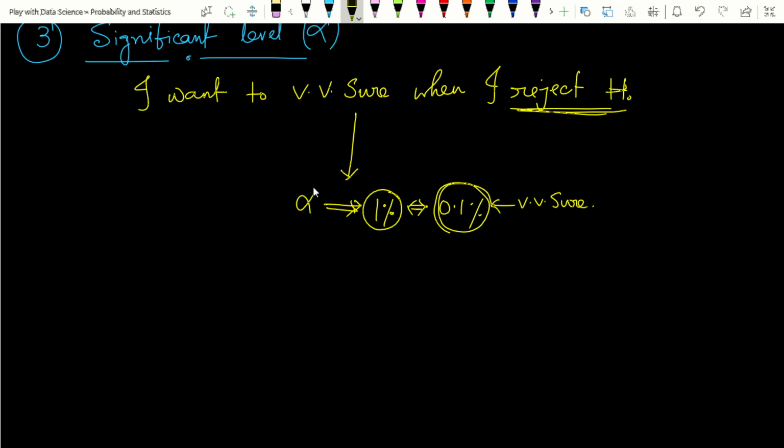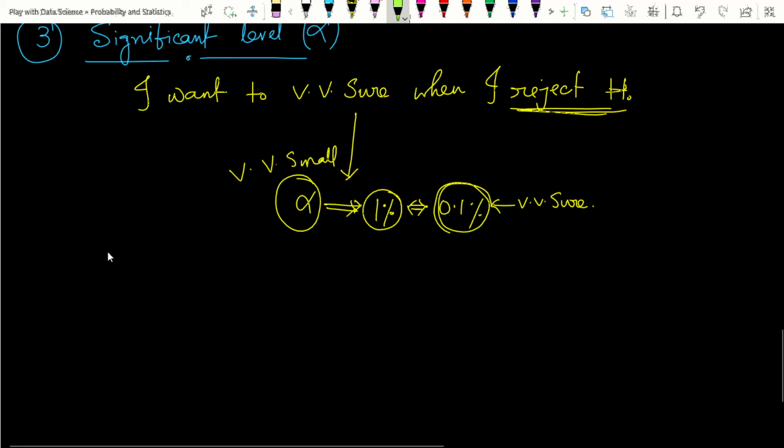Okay, we will choose a very small value for the significance. But this depends on the situation.